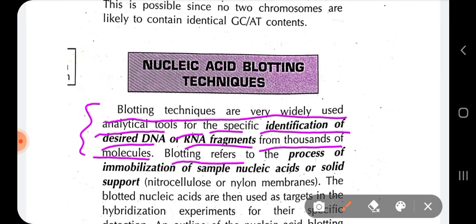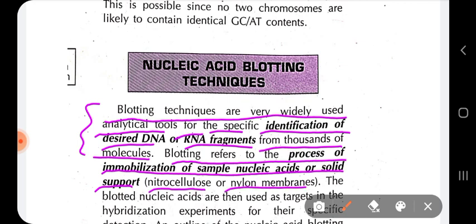Blotting refers to the process of immobilization of sample nucleic acids on a solid support. Blotting means what? Blotting simply refers to the process of immobilization of sample nucleic acids on a solid support by the help of nitrocellulose membrane or nylon membrane.